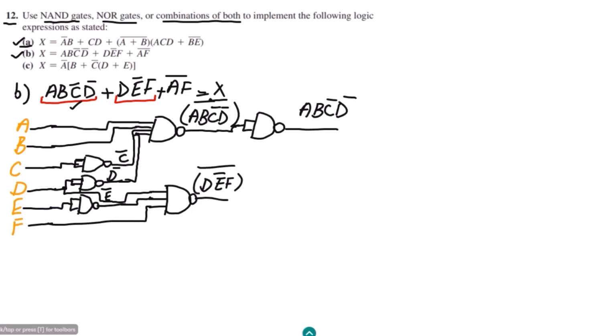In order to remove this whole complement, I have to use another NAND gate here, to which I apply this input, and at the output of it, I will get D E complement F. Okay, so this is the second part which I have here.